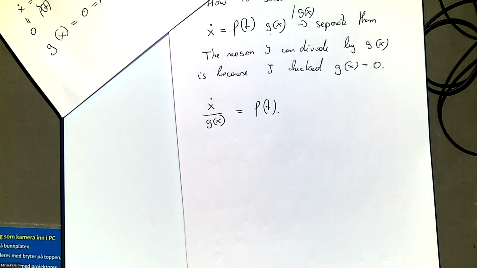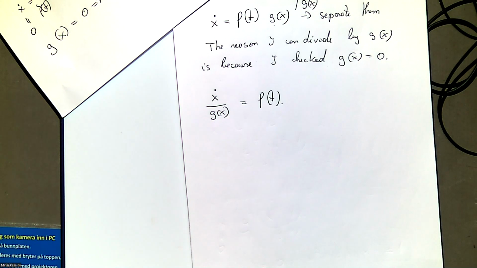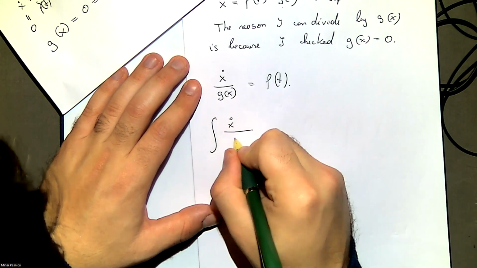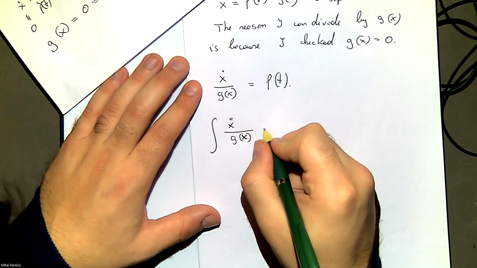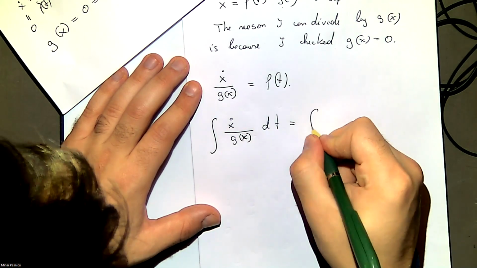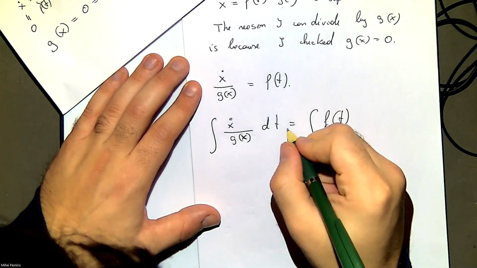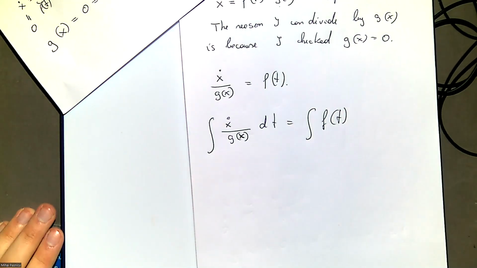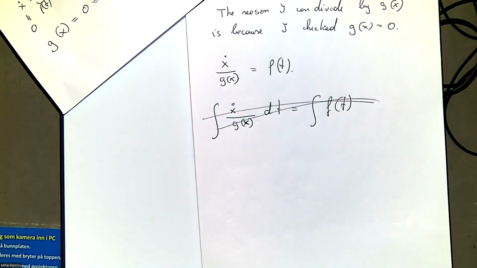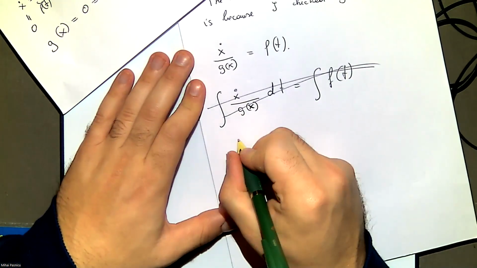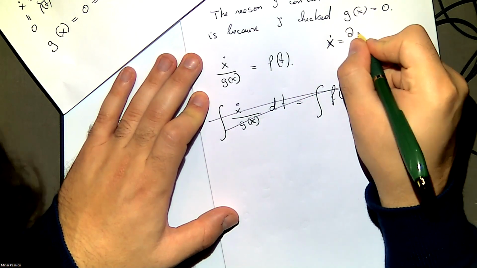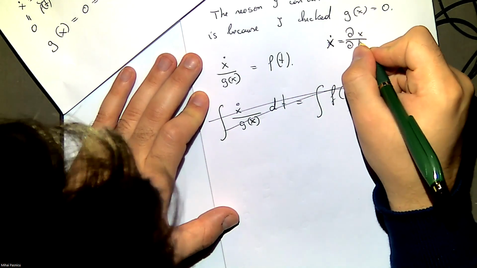The only theory that's remaining here is that I integrate both sides. I'm sorry, let me write it in steps. What's x dot? So x dot is the derivative, okay? This is just d of x over d of t.